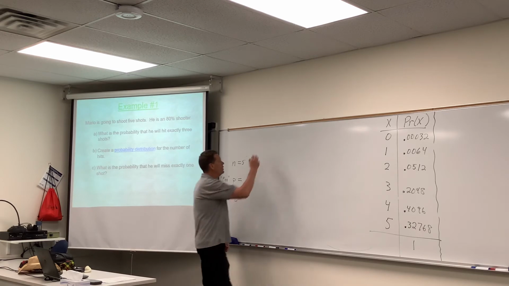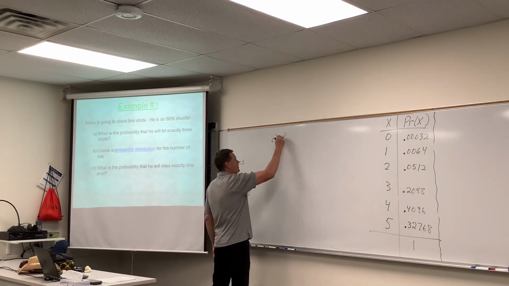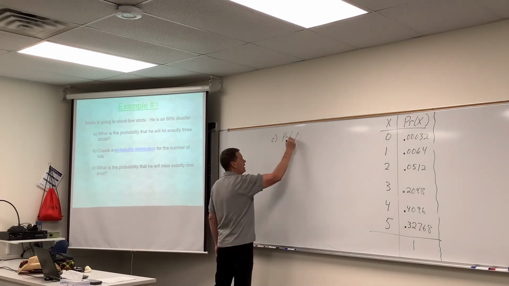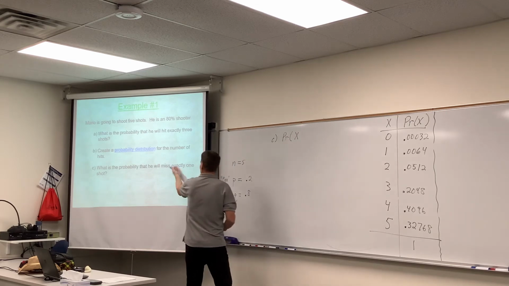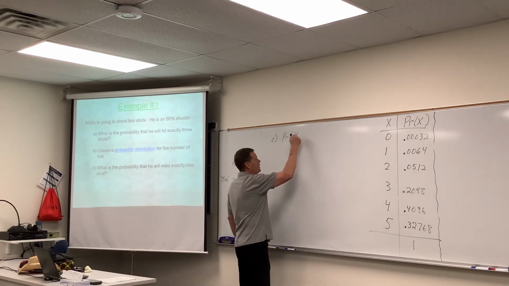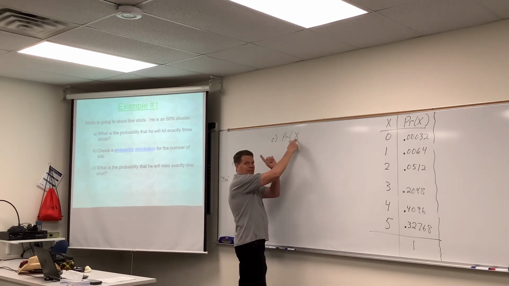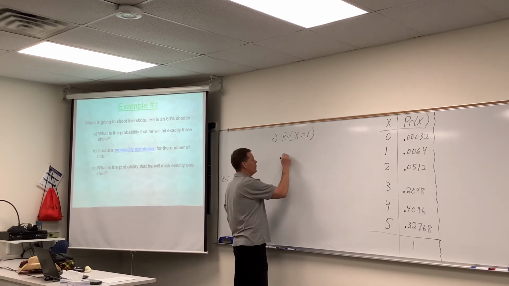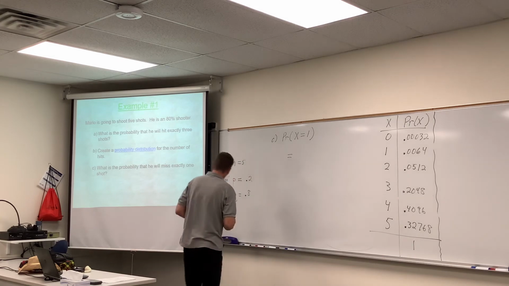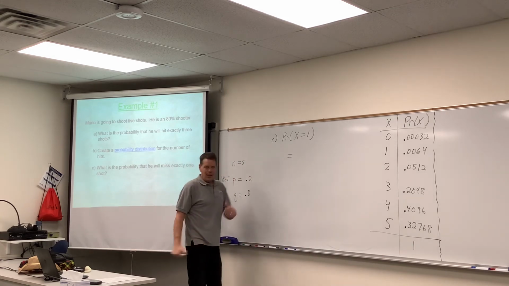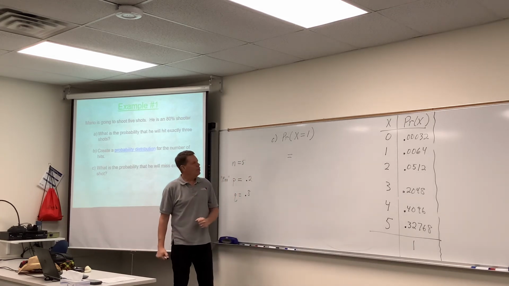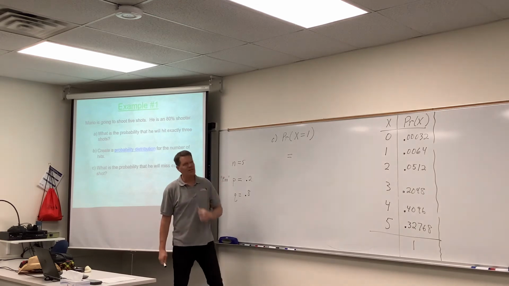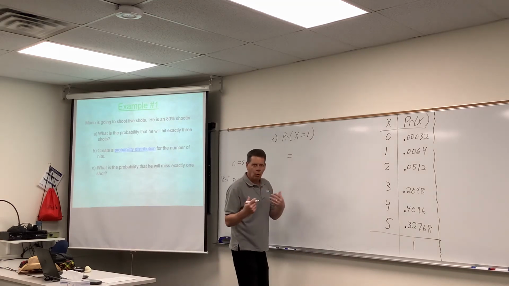All right, so part C here, when it says what's the probability that he will miss exactly 1 shot, that means that the variable X, which this time is missing shots, is equal to 1. All right, so if we reason it out like the ones we did earlier, we would say, Mario, I'm going to give you 5 shots. You can choose any one of them to miss, and I don't care what order.